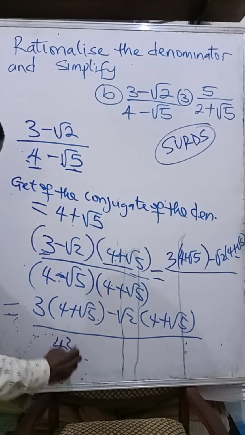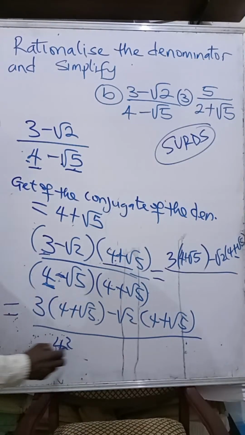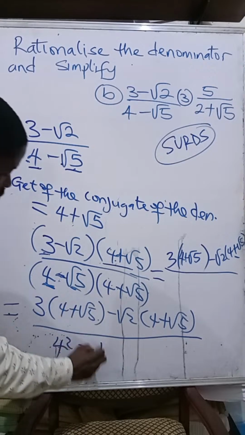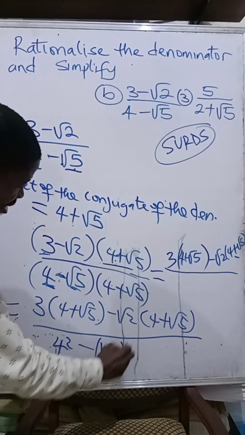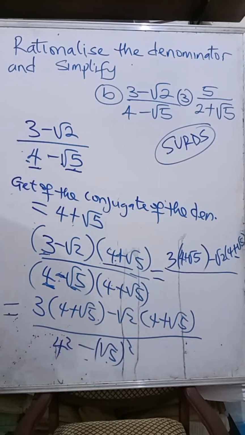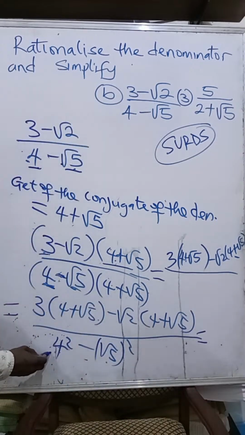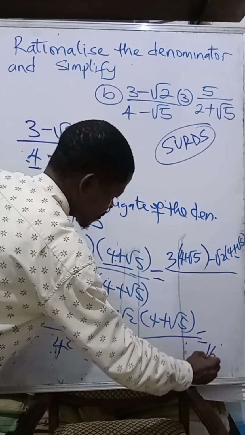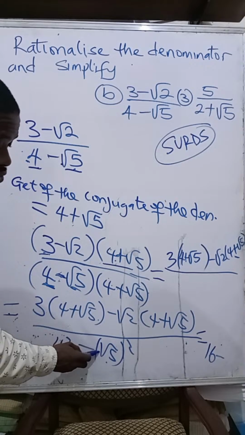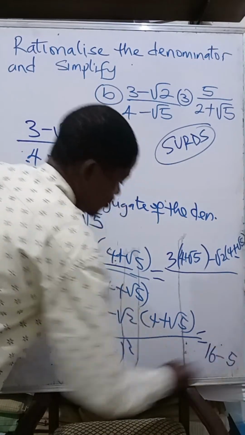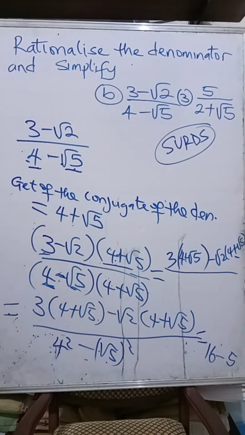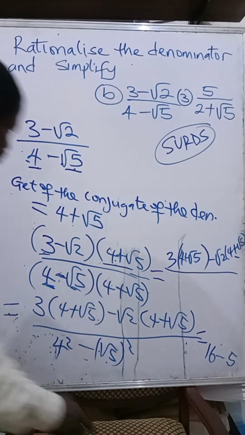You take the first item, 4, then minus the second item, root 5, and you square each. So for the denominator, we have 4 squared is 16 minus root 5 squared, that's 5.